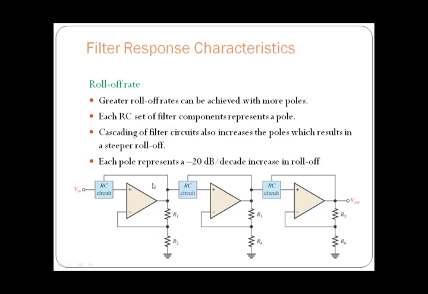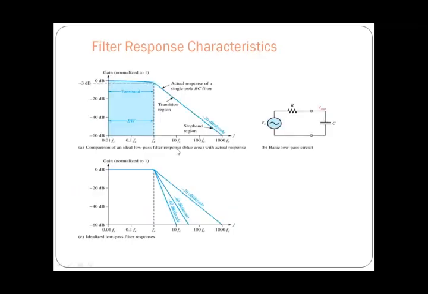That means the line in the stop band is going towards the cutoff frequency, as we have observed here. Here you can observe the actual response by considering only the RC circuit. As we increase the number of orders, this is the first order, this is the response of second order, and this is the response of third order.